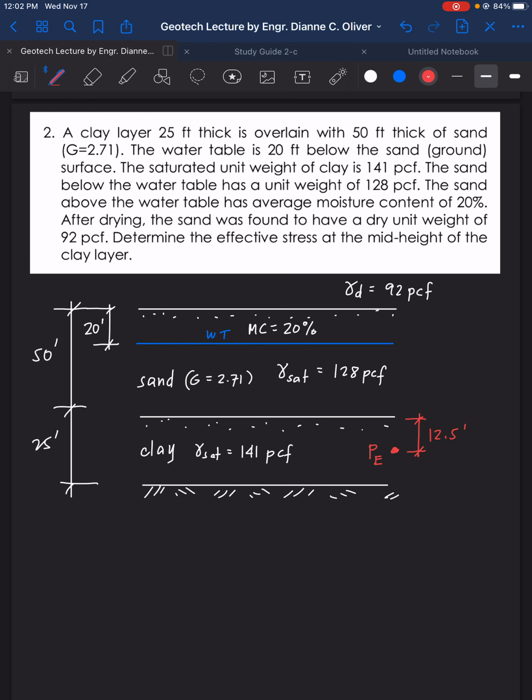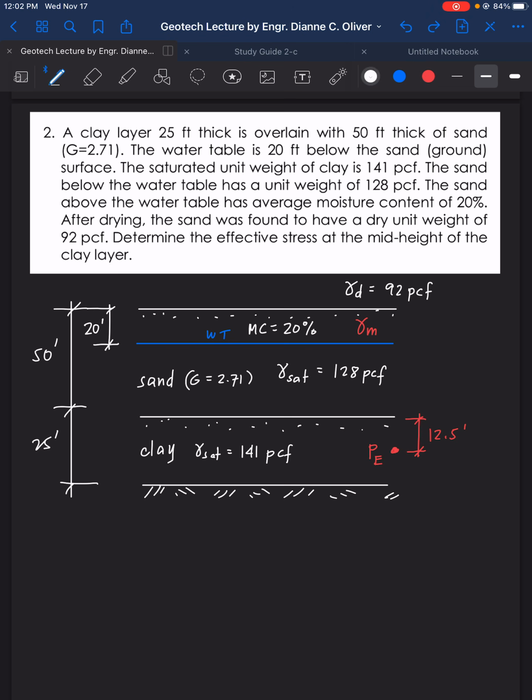We can solve this by two methods, but first we need to find the value for gamma moist. Why do we need to find the value of gamma moist? Remember, this is just gamma D, wherein we took the soil and oven dried it. But what we need here is to compute for P effective in clay. So what is gamma moist?